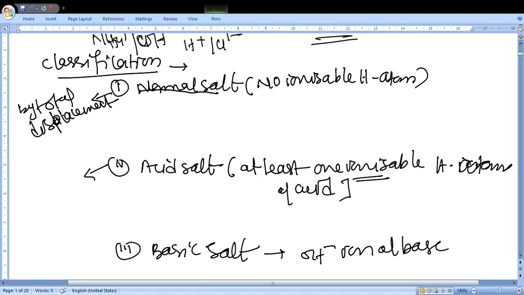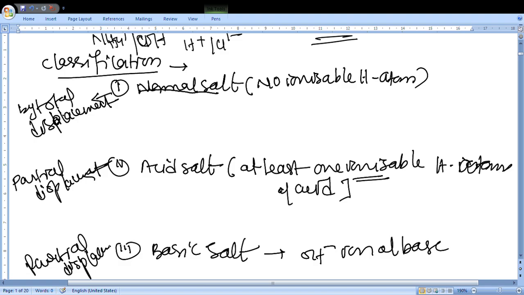Either H positive of acid by metallic or ammonium ion, or OH negative of base by non-metallic ion. Acid salt is formed by partial displacement method. Basic salt is also formed by partial displacement method, right?